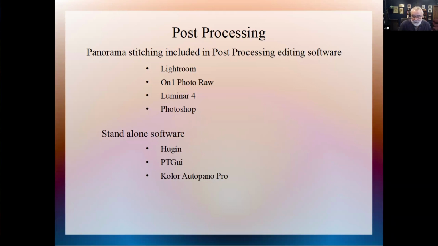I don't think it's using the movie mode, but it's collecting images and then it's stitching it all together in camera. Sometimes I'll do that before I use my Nikon.